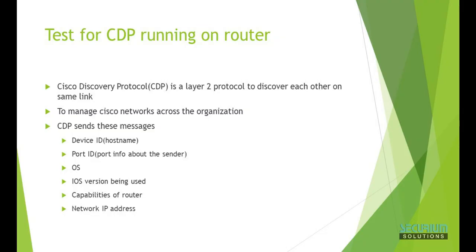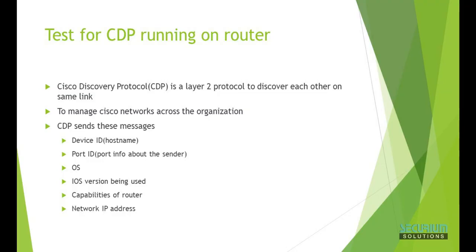So this CDP protocol particularly sends messages like device ID, that is the host name, then port ID, the port information about the sender, then the operating system, the IOS version being used, the capabilities of routers, and the network IP address. So this much sensitive information is being sent by the CDP protocol. So it is advised to disable the CDP protocol in an organization if it is not necessary.